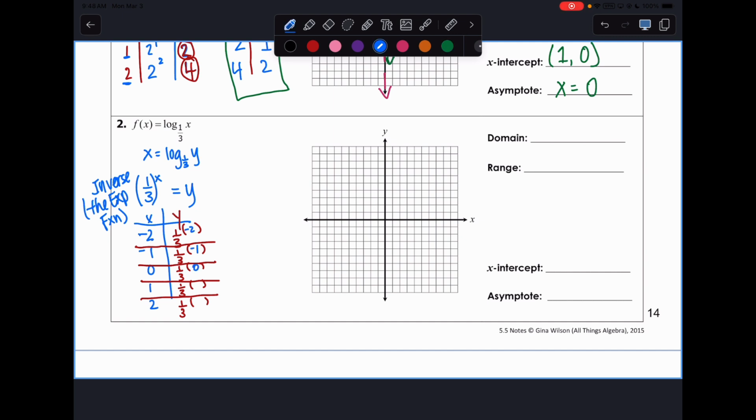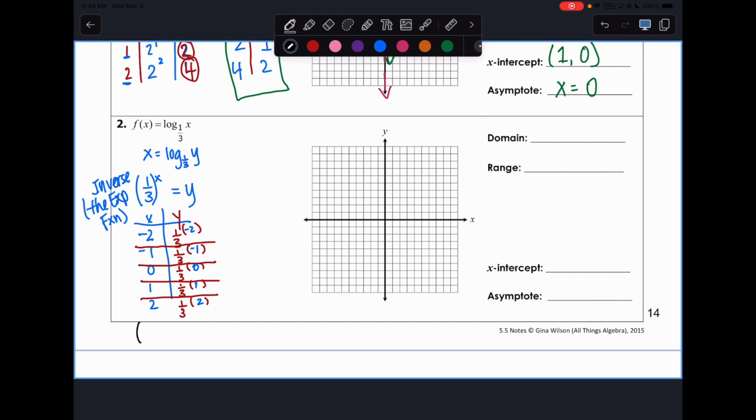Do you want me to give you the pathway to pressing the buttons? Yes or no? You guys got it? Nobody's giving me a head nod or a shake. Do you need me to write out the pathway for you to put this into a calculator? Okay. On your calculator, here we go.